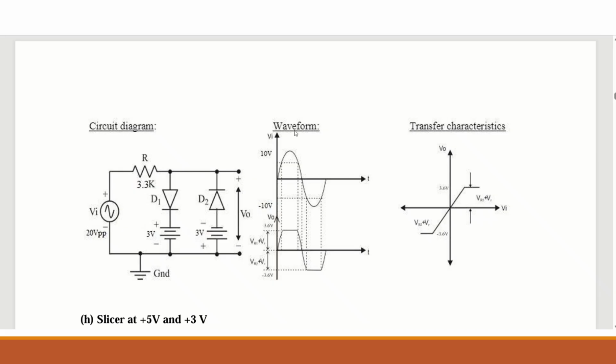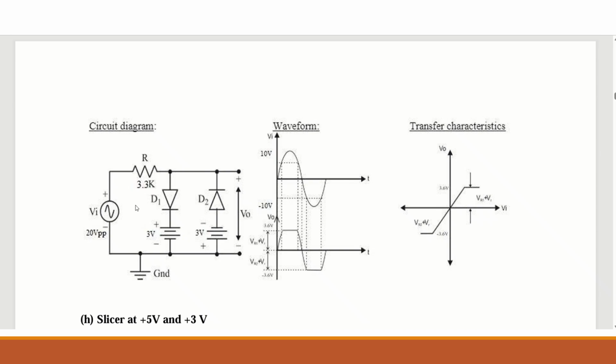When we apply a sinusoidal signal, when the positive half cycle comes, diode D1 conducts and D2 is reverse biased. D2 is open. So the output is taken across the resistor, this point and ground. So the effective voltage at the output is 0.6 plus 3, that is 3.6 volt.